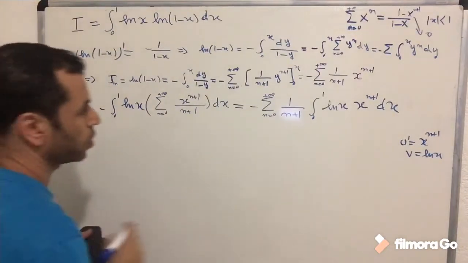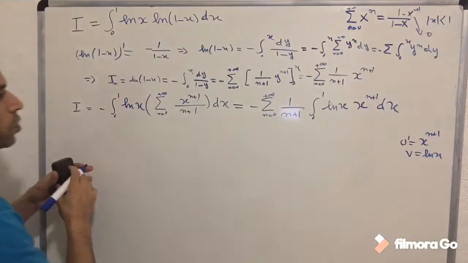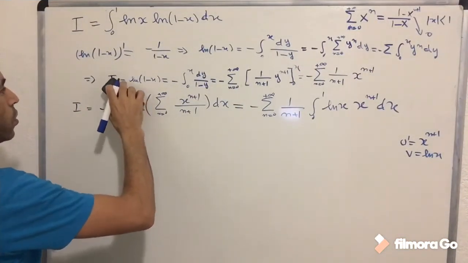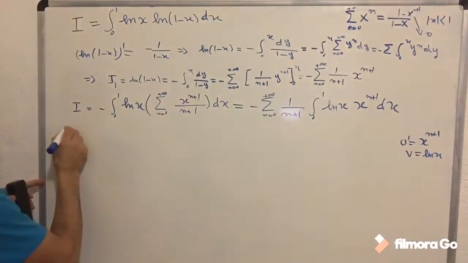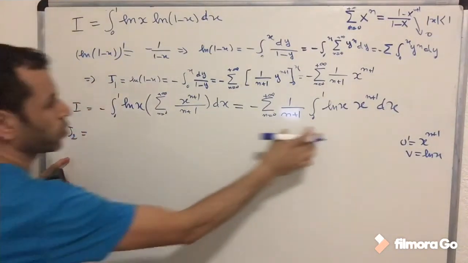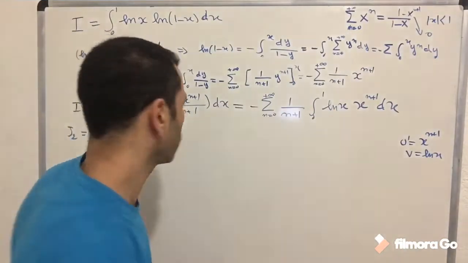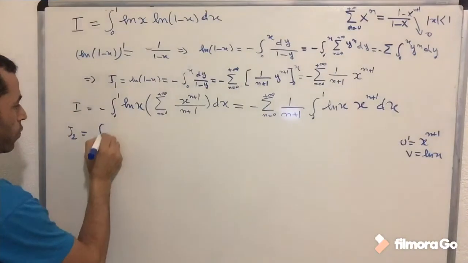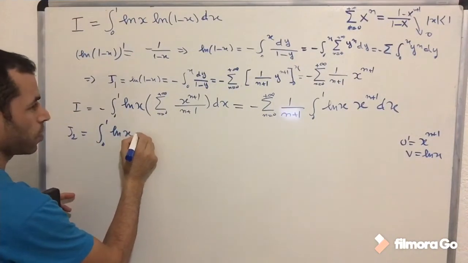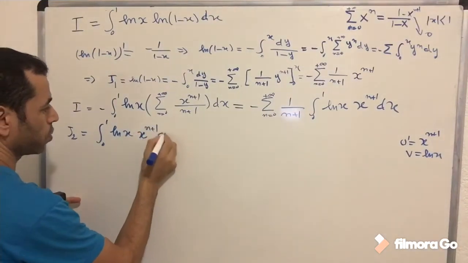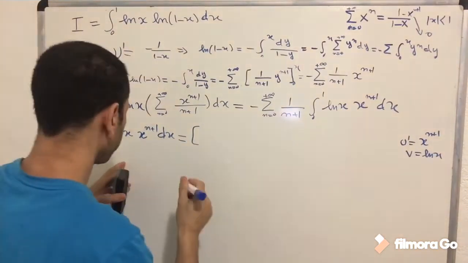We can call this G1 and G2 as an integral. You can calculate them separately, then we plug in at the end. So, from 0 to 1, natural log x times x to the n plus 1 dx.